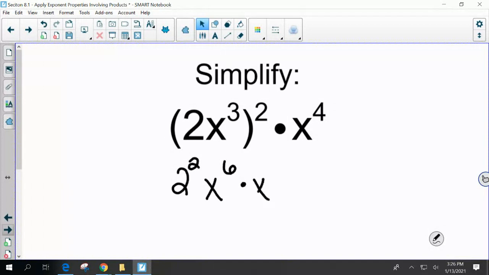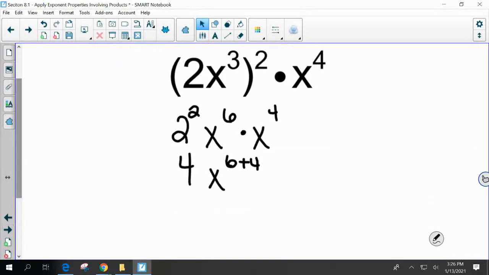And then I have that times x to the 4th. Now I'm going to combine what I've already done and take 2 squared, which is 4. When you multiply powers, you add the exponents, so x to the 6th plus 4. My final simplified answer would be 4x to the 10th.